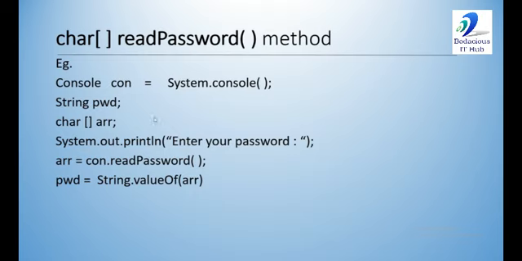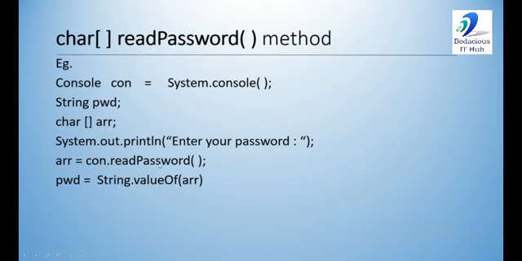So in this example, we are obtaining a reference to the Console object, and we have declared a reference variable of character array. So arr is a reference variable that can refer to a character array. Now we are asking the user to enter a password. In this statement, the user will enter the password.